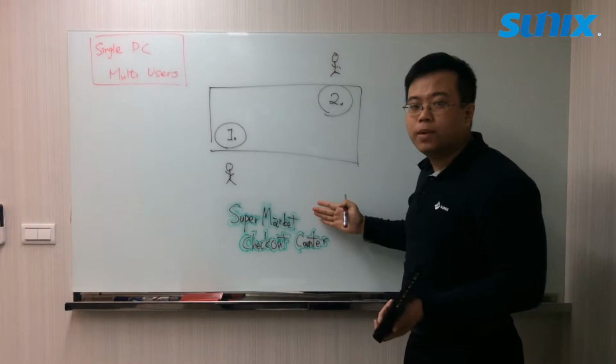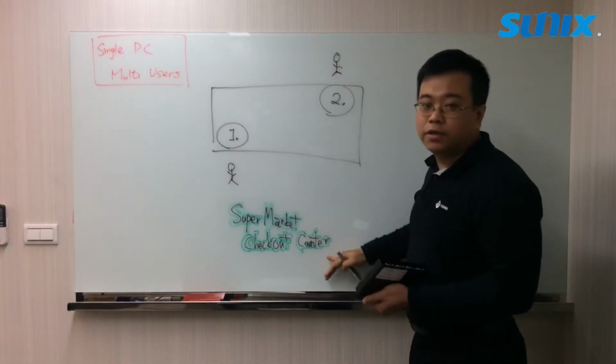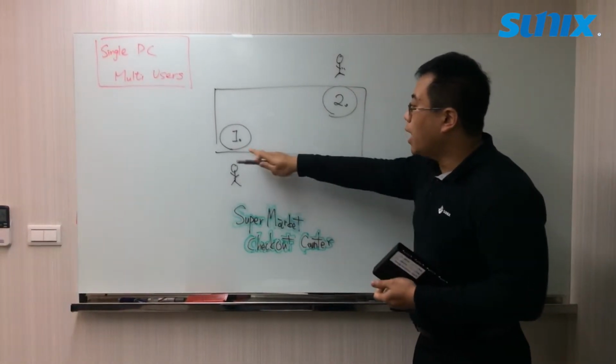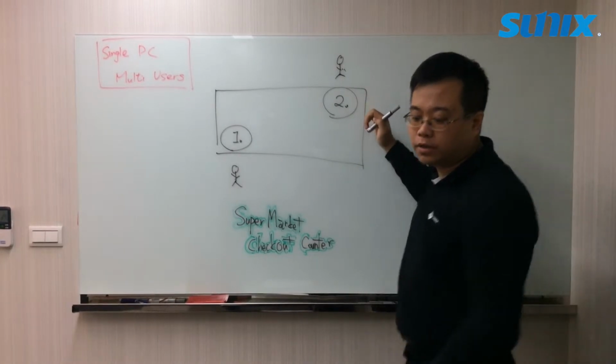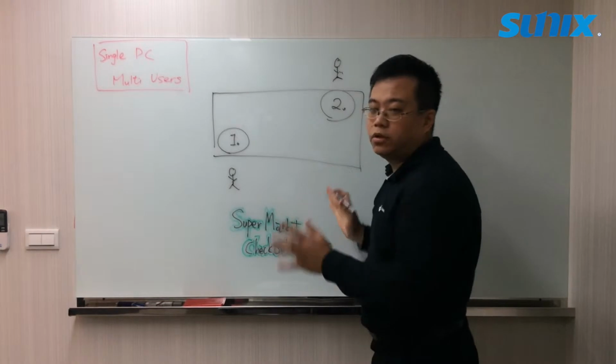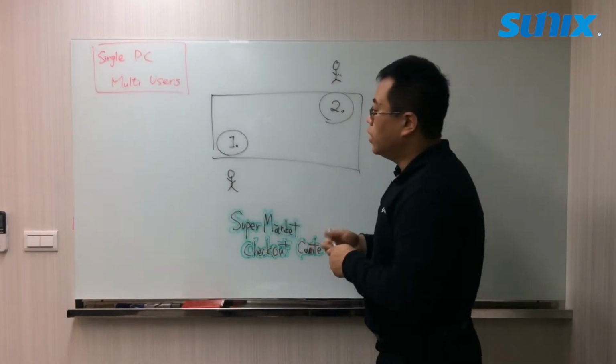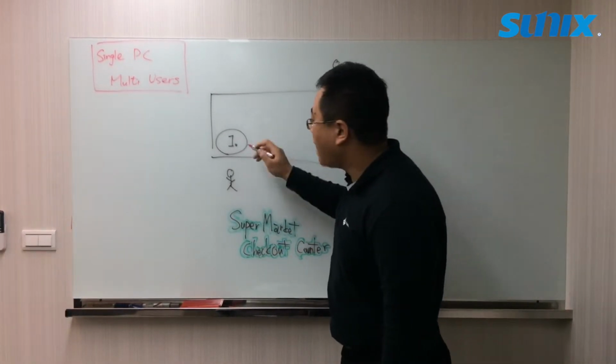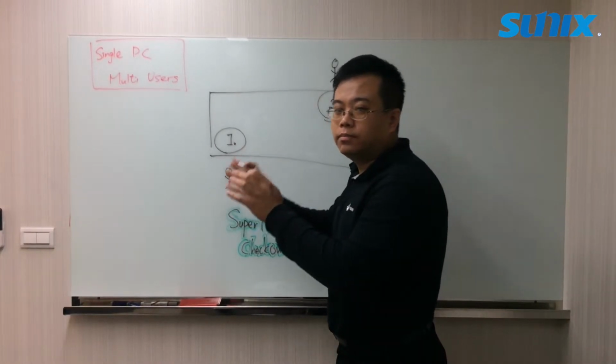We are going to the supermarket. Checkout counter here. There is number 1 and number 2 checkout counter. So there are 2 cashiers here to handle the checkout process. So each counter has their own POS system.